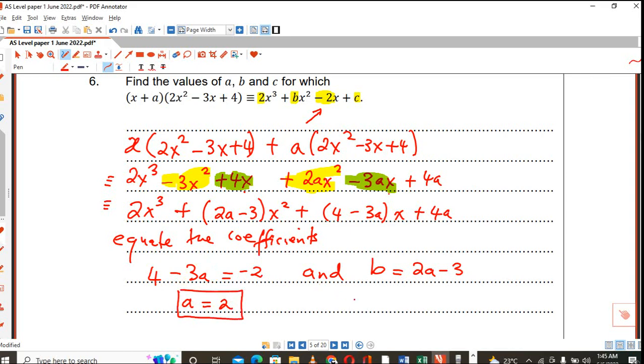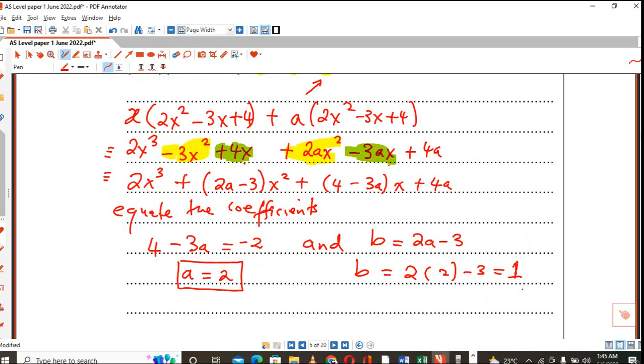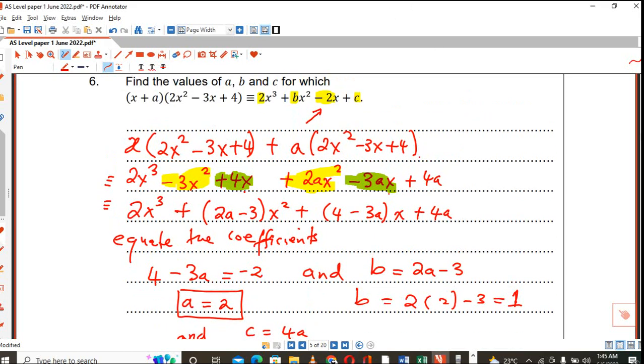All right, and now you can find b by saying 2 times 2 minus 3, and that is b is equal to 1. Okay, so now we can find our value of c, and our value of c will say c equals to 4a, equating the constant. The c here is equal to the 4a that we have right here.